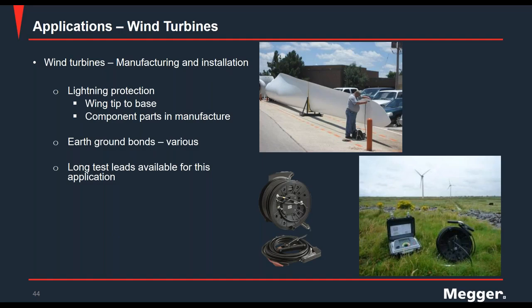Several component parts within the manufacturing process of the windmills will have a requirement of having low resistance. There are several earth-ground bonds on these wind turbines that need to have a low resistance value. And because of the geometry of wind turbines, long test leads are available to make sure that a good and accurate measurement can be made.